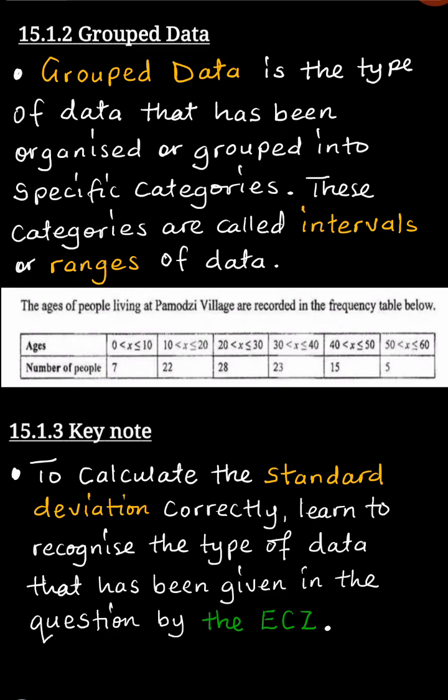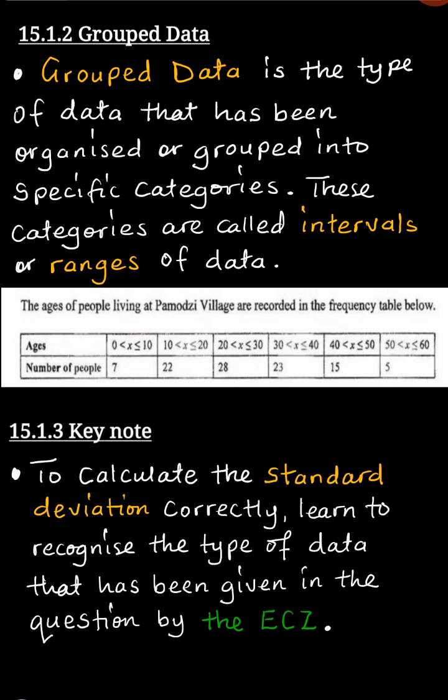Recognizing the type of data that you are dealing with is very important because the formulas that you use to calculate the standard deviation differ depending on the type of data that you have.